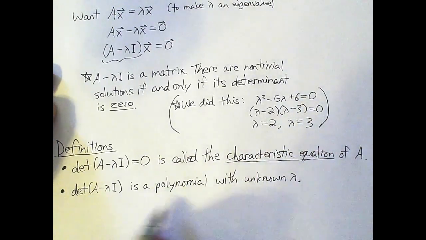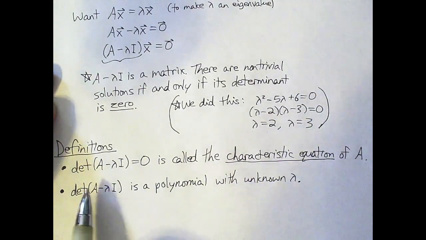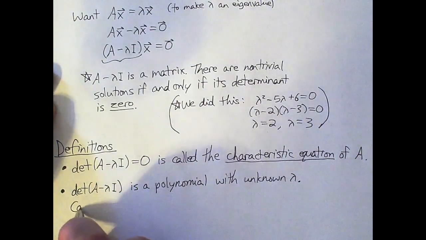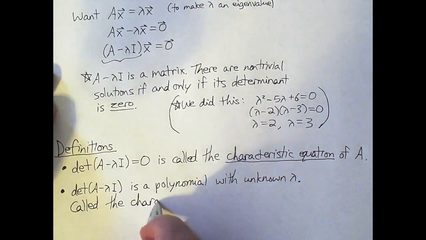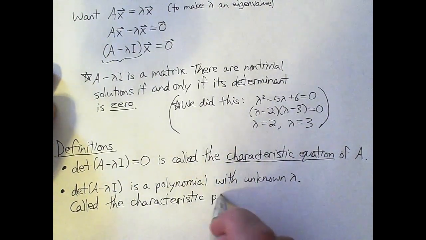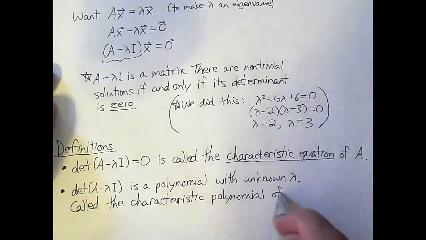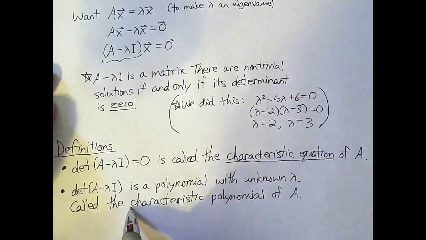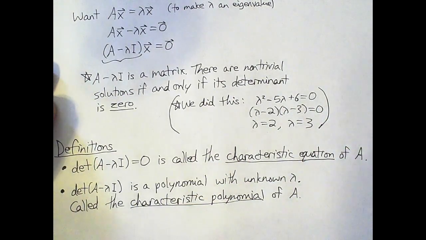But if you just think of the left-hand side, in this case it would be lambda squared minus 5 lambda plus 6. That is called the characteristic polynomial of A. So if we have the entire equation, it's the characteristic equation. If we just have the left-hand side, it's called the characteristic polynomial.